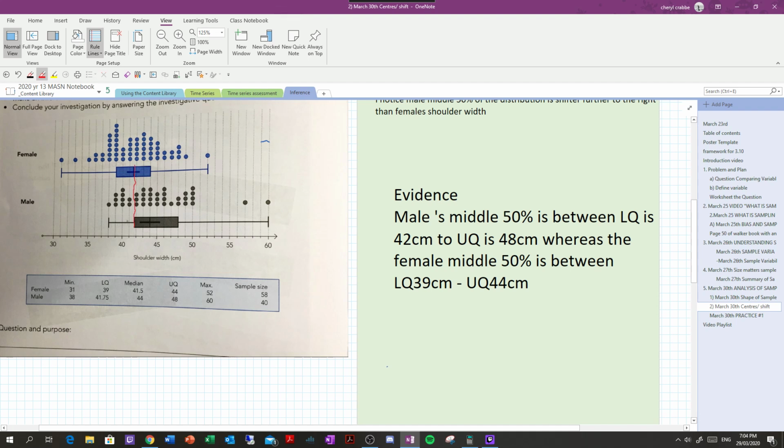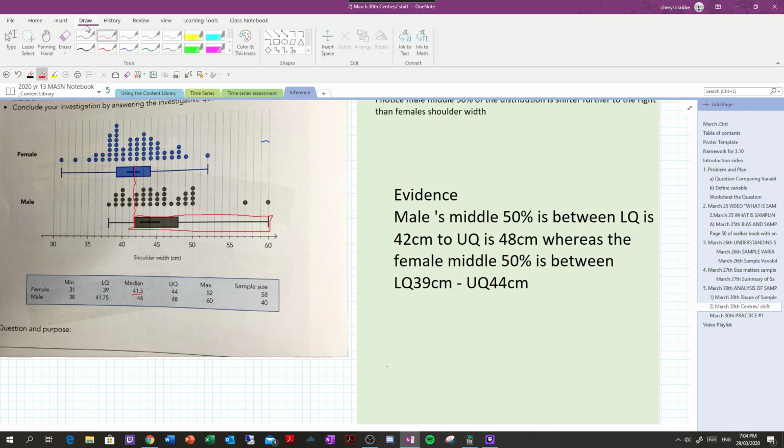So the lower quartile of the male is about 41.75, and the median of the female is about 41.5. So it's a little bit ahead, but almost all of this box or all of this data here is bigger than this data here, right?